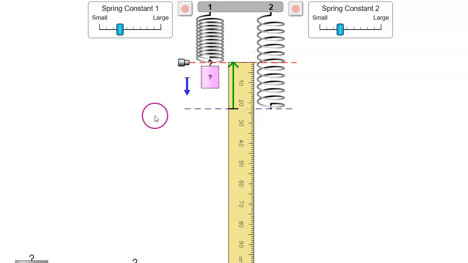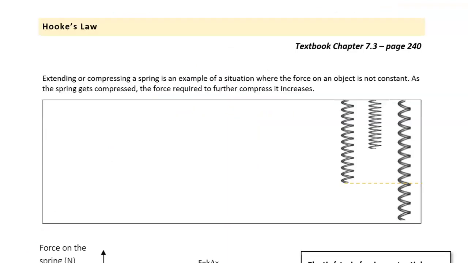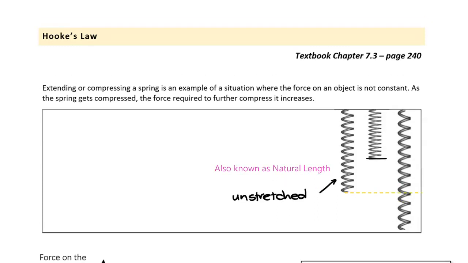There are 2 things that we can use to figure out that force, and that is Hooke's law. In what we've got here, this is our unstretched length of spring. If the spring were compressed, to compress is to squish it up, this would be the change in length, and we call that change in length delta x. You would have noticed delta x in our spring potential energy formula previously discussed.